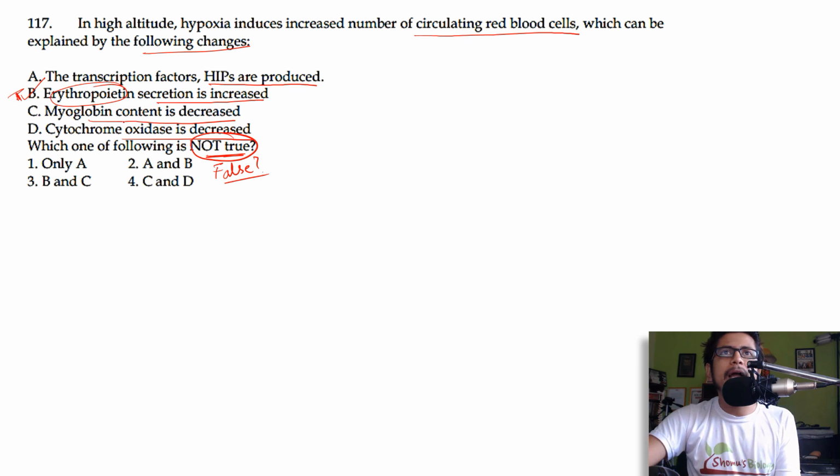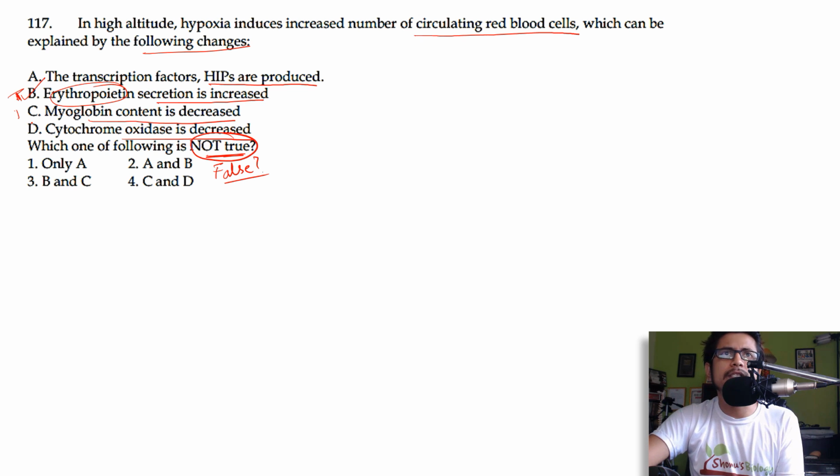Okay, myoglobin content is decreased, which is bad, because in a situation of hypoxia where we have a low partial pressure of oxygen, myoglobin must be increased in the body, because myoglobin can hold on to oxygen for a long duration of time compared to hemoglobin. So this statement is false. Myoglobin content is decreased, this statement is definitely not true.